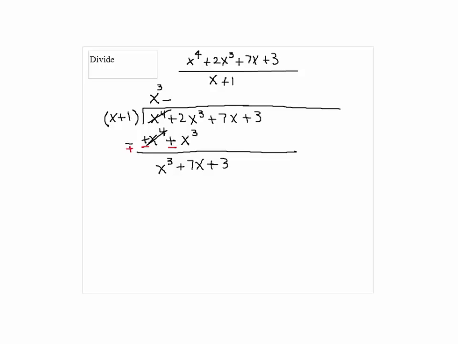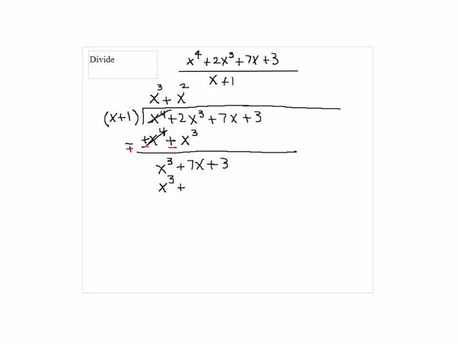So we have x to the power of 4 minus x to the power of 4. That results in 0. And then the remainder would be 2 minus 1, which is just 1, x to the power of 3. And we can carry down the rest of the terms and continue.